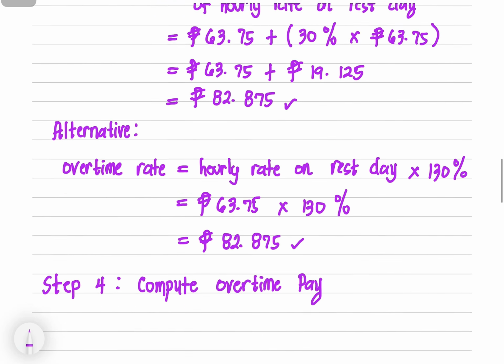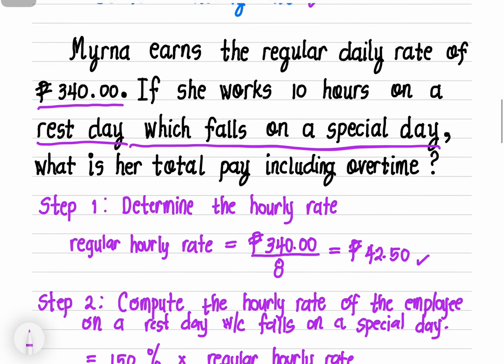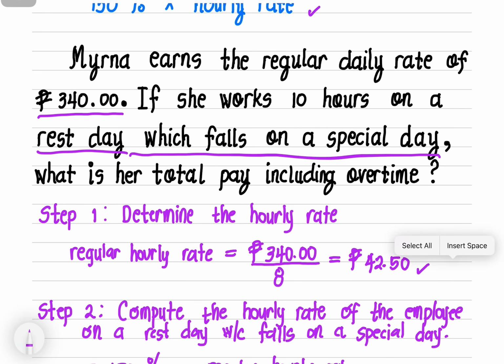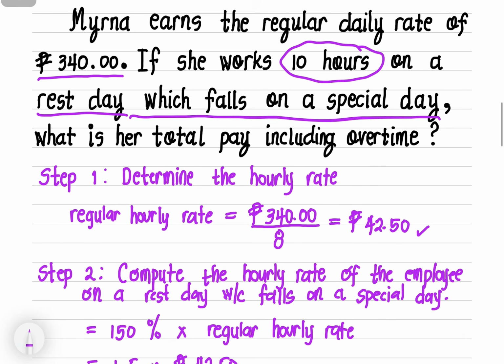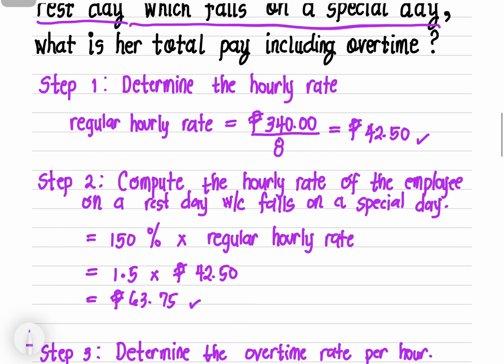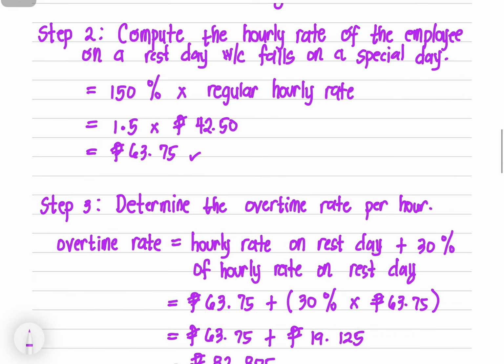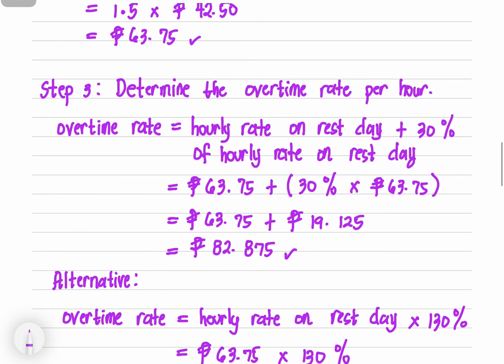So, as we analyze the problem, balik tayo sa problem, Myrna earns the regular daily rate of 340 pesos. If she works 10 hours, take note of that, 10 hours, allowed lang tayo mag-work ng 8 hours, di ba? Siyempre, nag-exceed siya sa 8 hours. Yun nga, so 10 minus 8, that is equal to 2. Gets? So, 2 hours yung kanyang overtime pay.